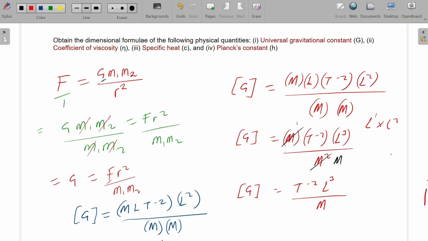So that's what we have on top, and down here we'll just have M. So T to the minus 2, L to the power of 3 divided by M.